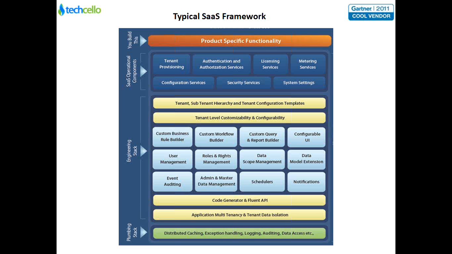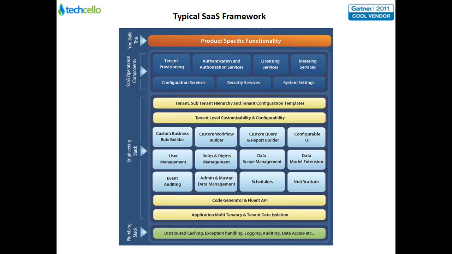And in this particular framework, all this engineering stack works under the context of tenant. This is a SaaS multi-tenant framework, so it applies multi-tenancy at all levels. So you know exactly which customer has done what customization, right? So which tenant has done what settings. That is always tracked, and then only that particular information is retrieved or acted upon.